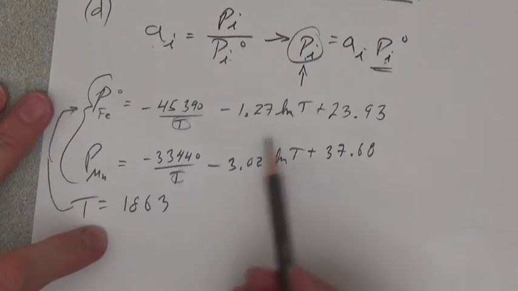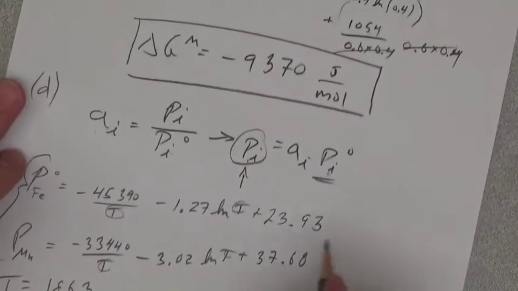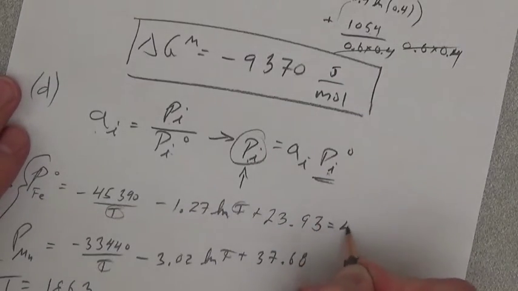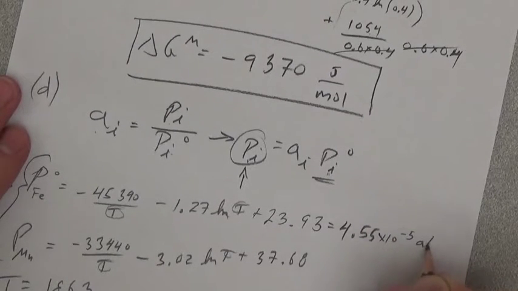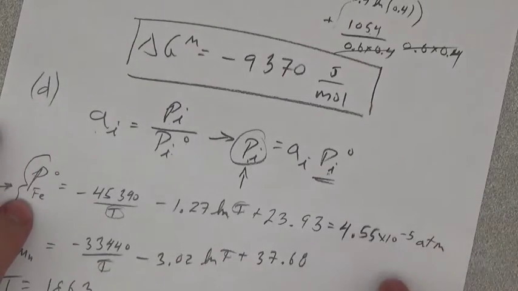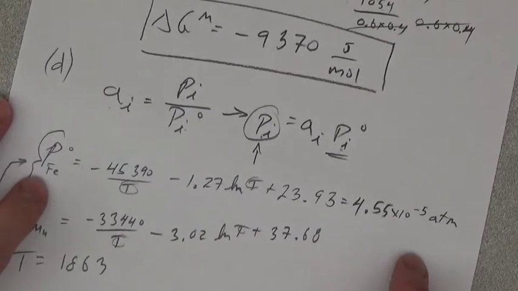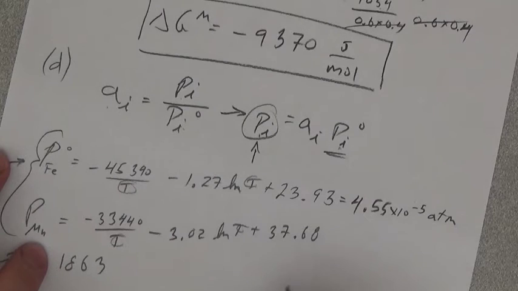Substituting in there, we get 4.55 times 10 to the minus 5 atmospheres. That's the partial pressure of iron. And the partial pressure of manganese is 4.93 times 10 to the minus 2 atmospheres.